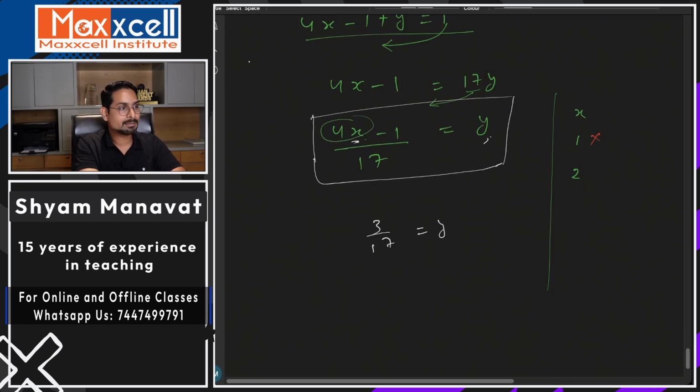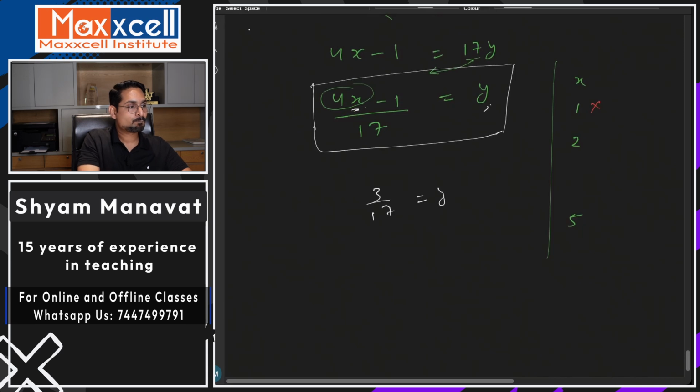Let me take a little bigger value. Let's say x is equal to 5. If I say x is equal to 5, what do I have here? 20 minus 1 by 17. That's also not working. That is 19 by 17. Not working. Okay. Go further.